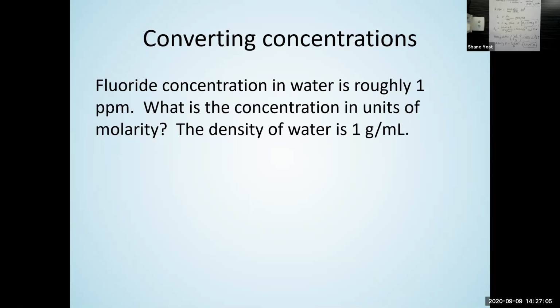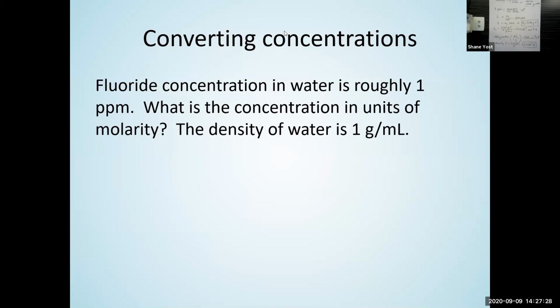Yeah, so if you ever have a problem where it's not telling you the total amount of solute and solvent, and it's just giving you a concentration, then 99% of the time you're going to need to assume some total amount to solve the problem.